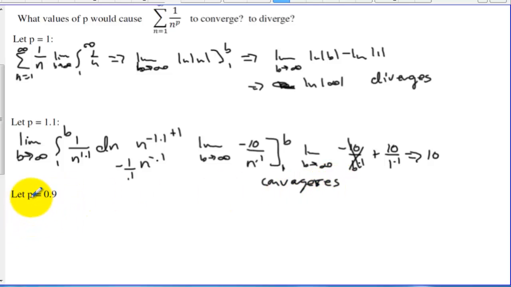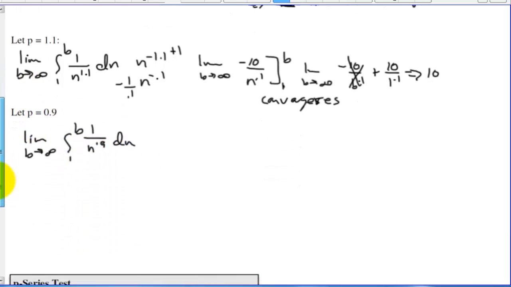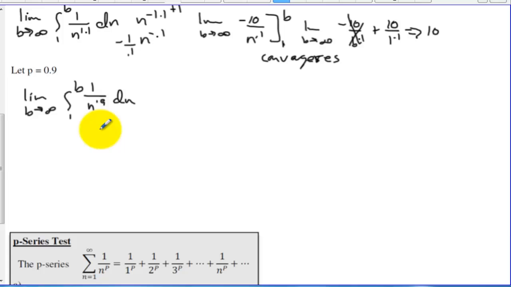On the last one, p is 0.9. We have the limit as b approaches infinity of the integral from 1 to b of 1 over n to the 0.9 dn, or we could make those x's. This is really n to the negative 0.9, and then when we add 1 to this, we get n to the 0.1, and then we have 1 over 0.1 out front.